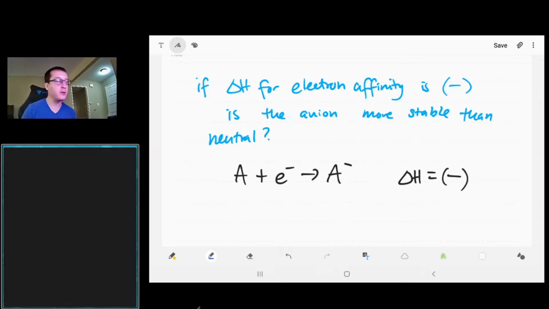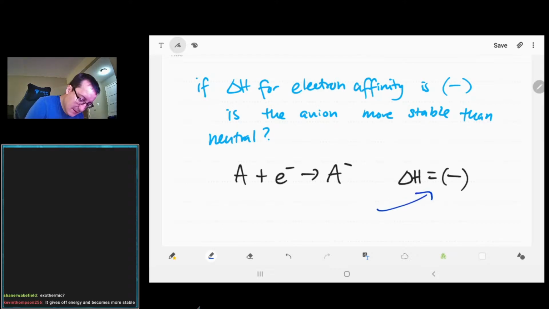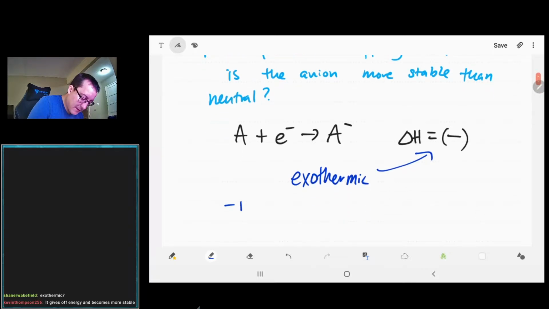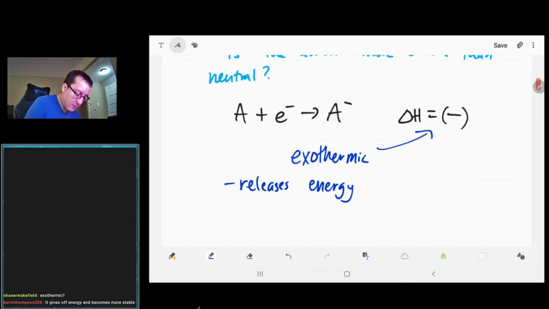Think back to thermochemistry, perhaps. Yeah, exactly. So this means it's exothermic. And if we remember, exothermic means releases energy, or we could say has less energy after reaction.